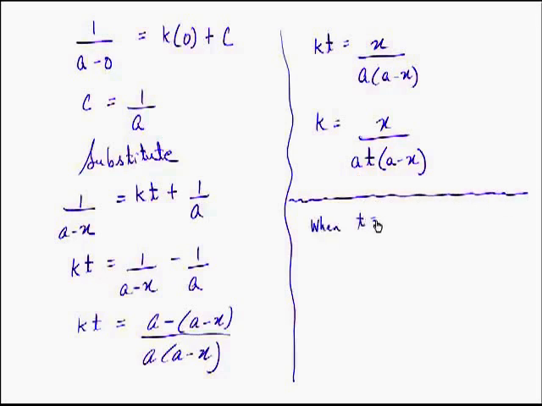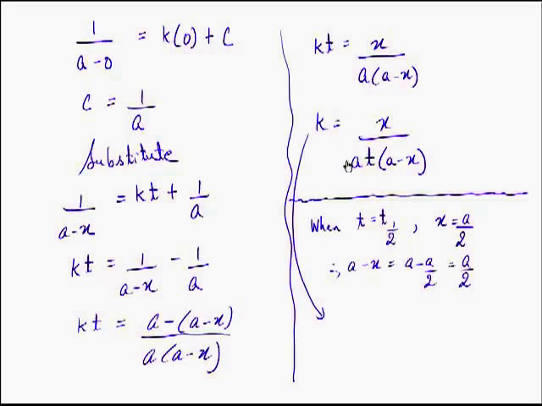Now when t is equal to t half, that means at the half-life of the reaction, x is equal to a upon 2 as half the initial concentration is consumed, and therefore a minus x will also be equal to a upon 2, and therefore if we substitute this in the integrated rate law expression, then we can write it as a upon 2 divided by a into t half into a upon 2.